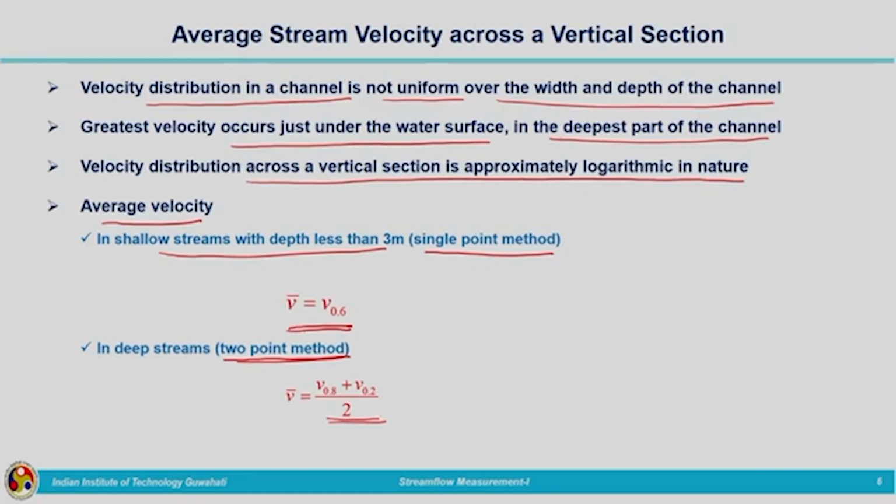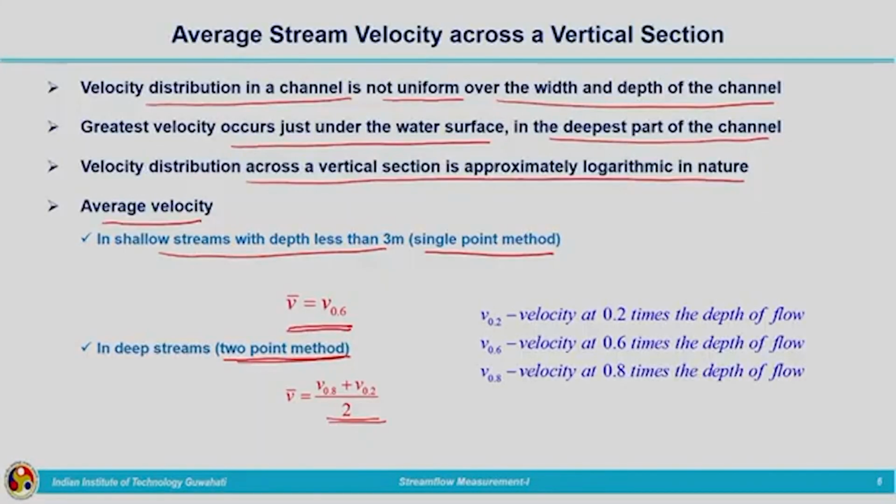What are these V 0.8 and V 0.2? V 0.2 is the velocity at 0.2 times the depth of flow. V 0.6 that we have seen in the single point method is the velocity at 0.6 times the depth of flow, and V 0.8 is the velocity at 0.8 times the depth of flow.